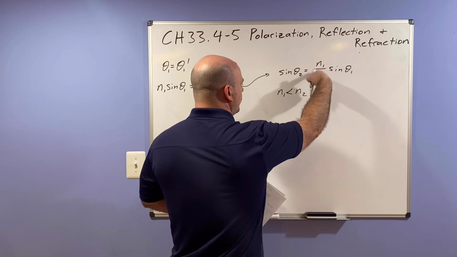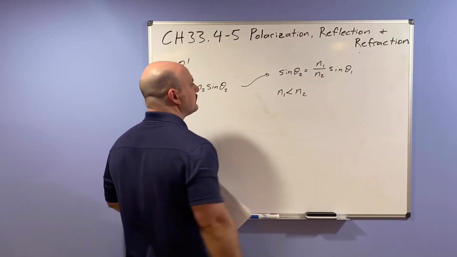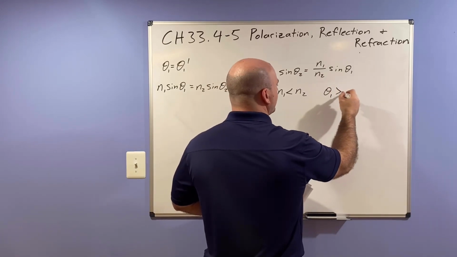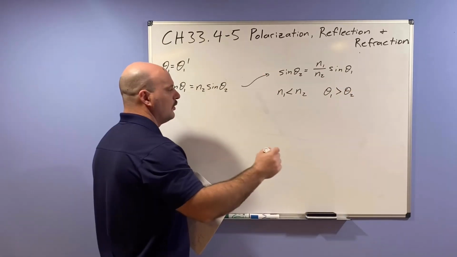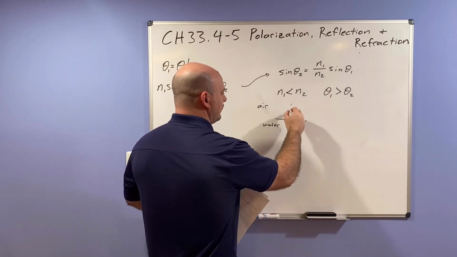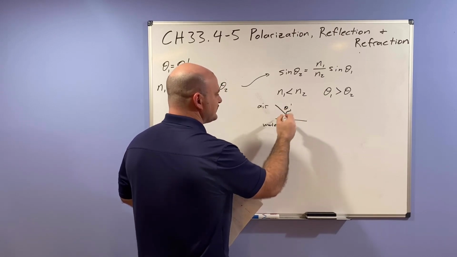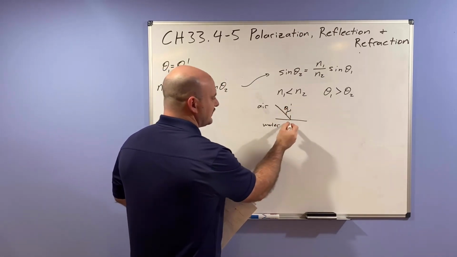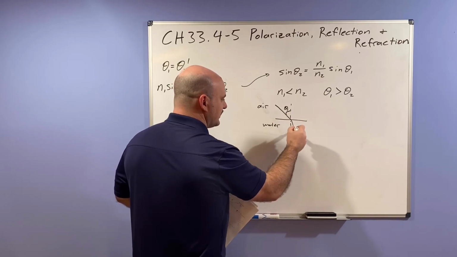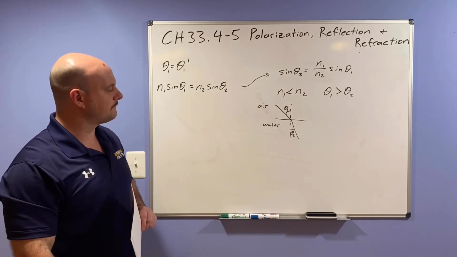When we do that, we get something that's less than 1 up here. So that would mean that theta 1 is greater than theta 2. What that means is if I have, here's my water, and I get some large incident angle like this, then the refracted angle would be closer to that vertical. It would be something smaller than the incident angle.